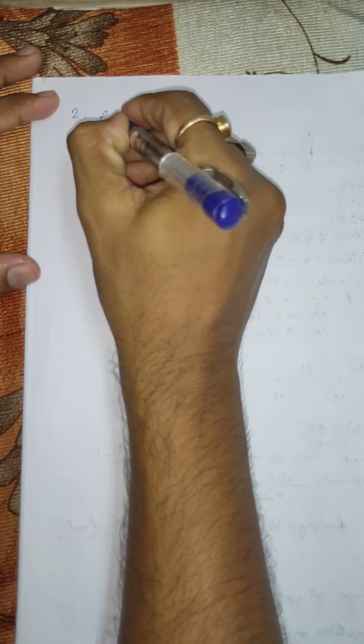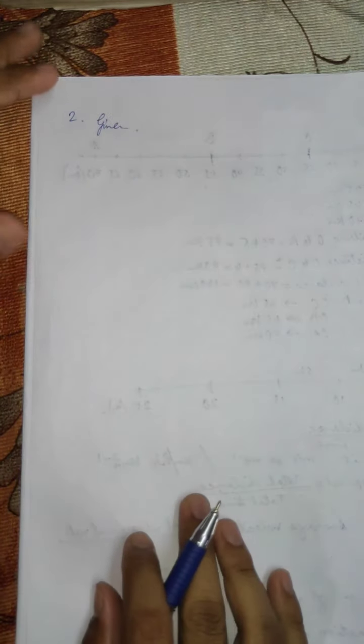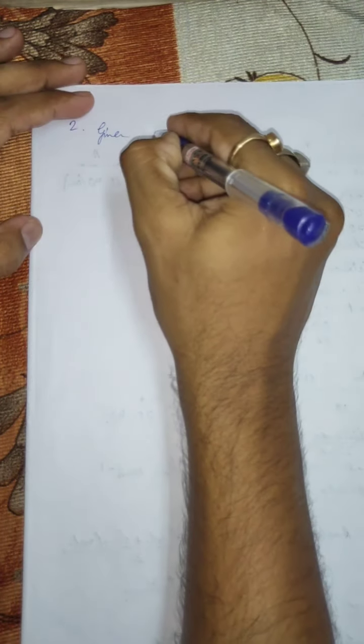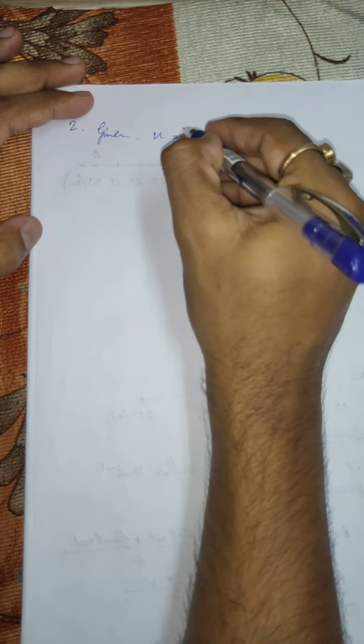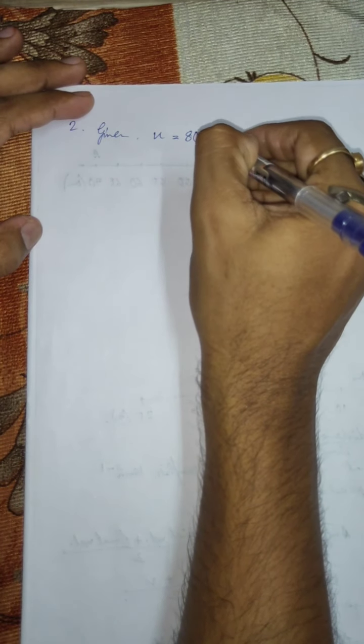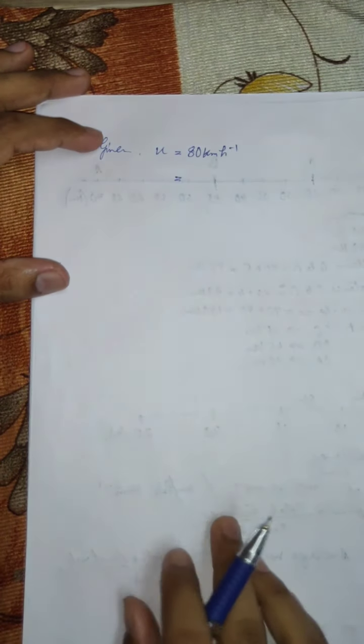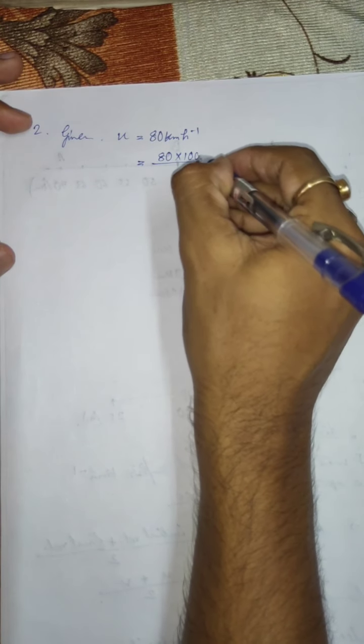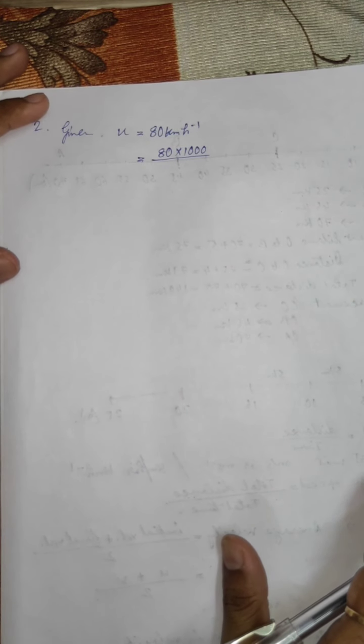First, there are two velocities. The first one we can take as the initial velocity, represented as u. It is 80 km per hour. Now we must convert this into SI units, as this is not in the SI unit. How to convert? See, 80 kilometer must be converted to meter, so multiply by 1000, and hour to the power minus 1. So hour we need to convert into second.